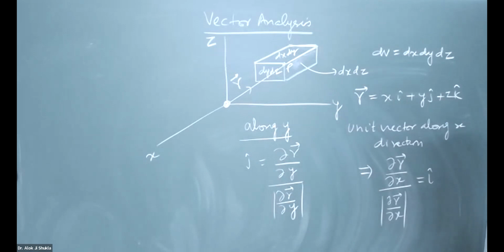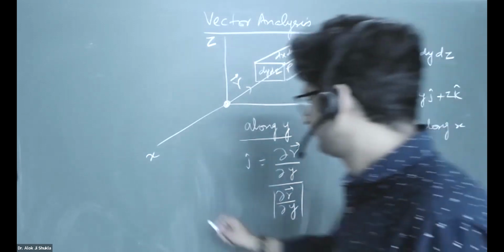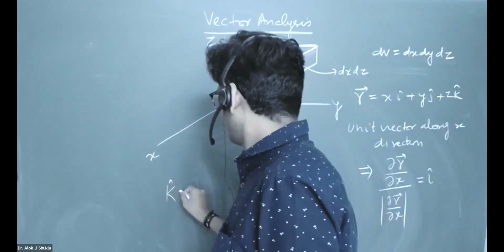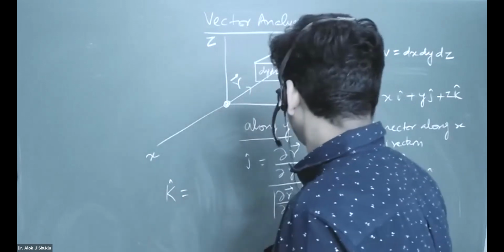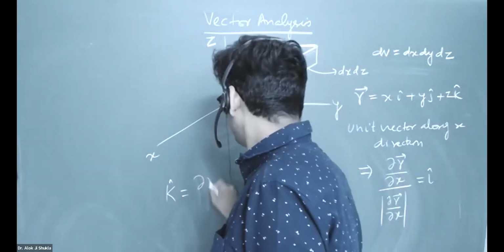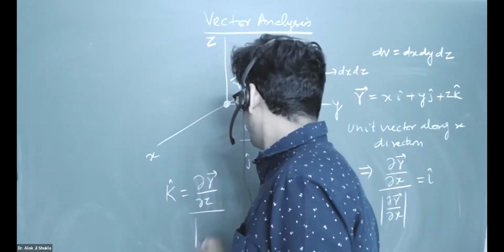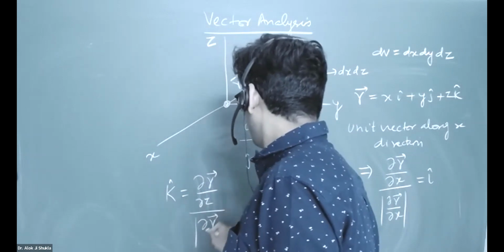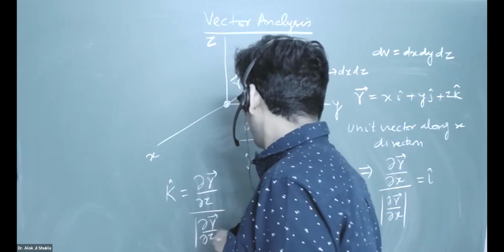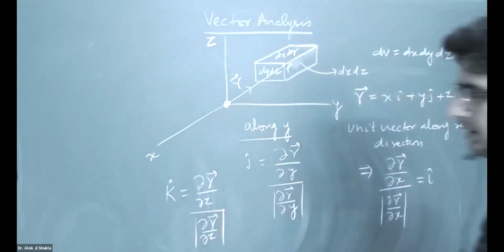And similarly, if you want k cap, it is del r by del z upon mod of del r by del z. So this is how a unit vector is calculated.